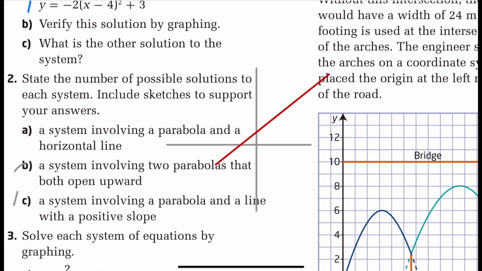Same interpretation. First one, not touching at all, no solution. The other one, touching at 1 point like this. This one is actually touching at 2 points. The second one is touching at just 1 point.